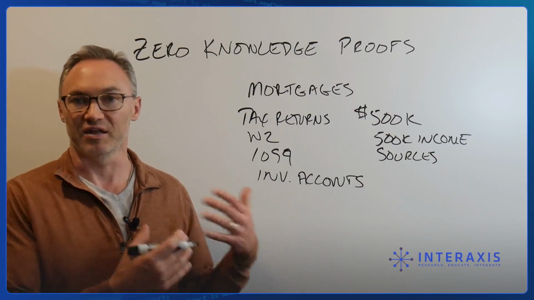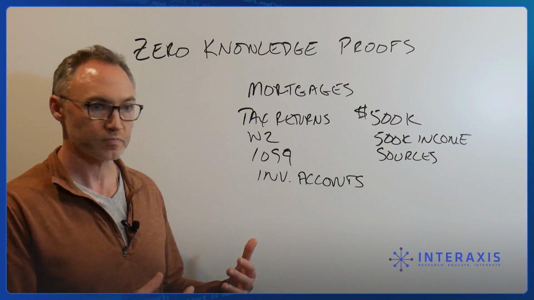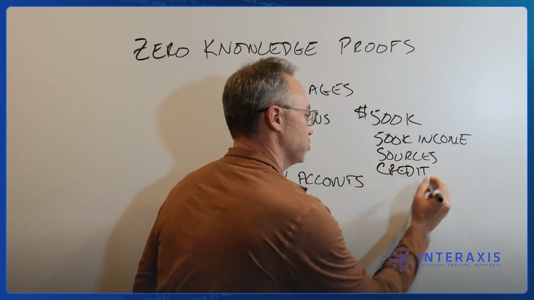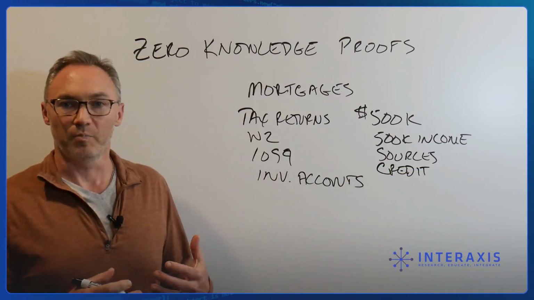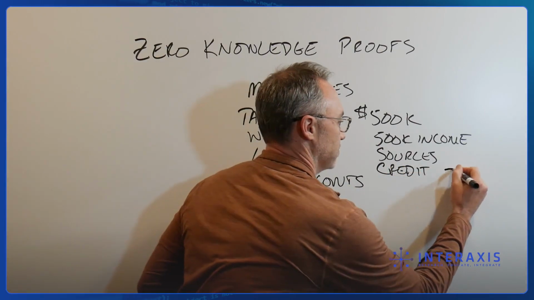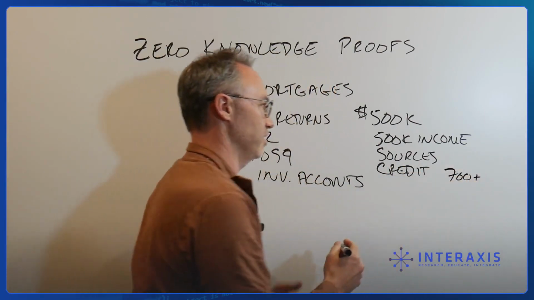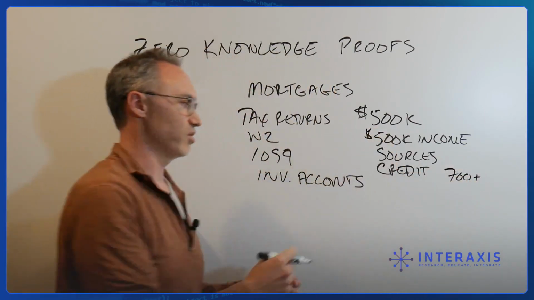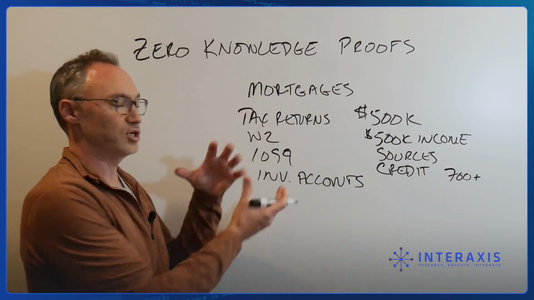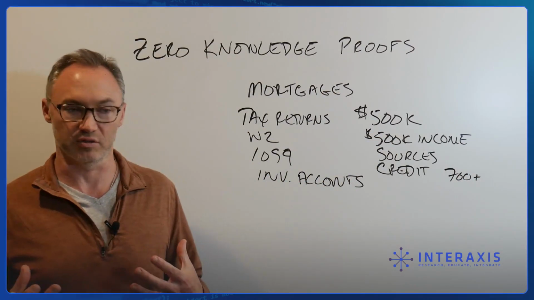It might be that income comes in steady streams. They might be looking for things like my credit history, but all they're saying is your credit score has to be, let's say, 700 plus, and you have to have this much income every year. All they're looking to do is check those boxes. But the amount of information I have to give them is so much to be able to check those boxes.